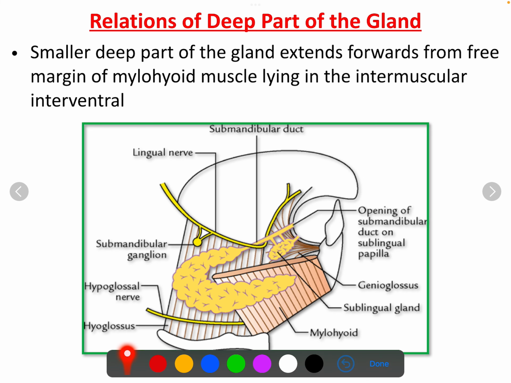Then the next one, the relation of the deep part of the gland. The small deeper part of the gland extends forward from the free margin of the mylohyoid muscle, lying in the intermuscular interval.